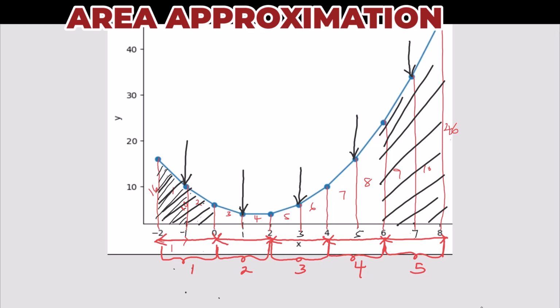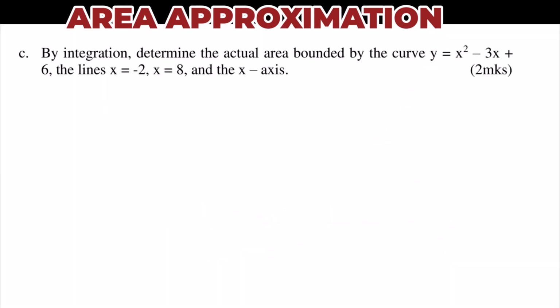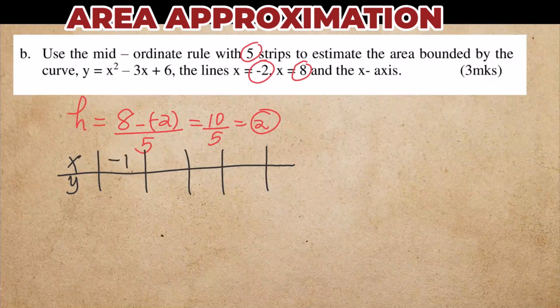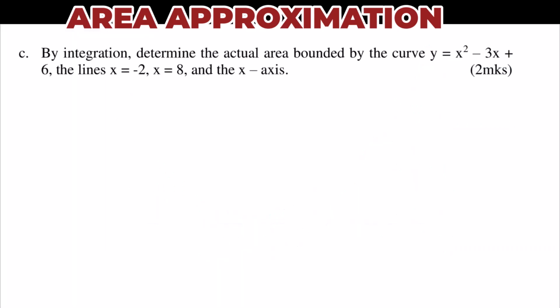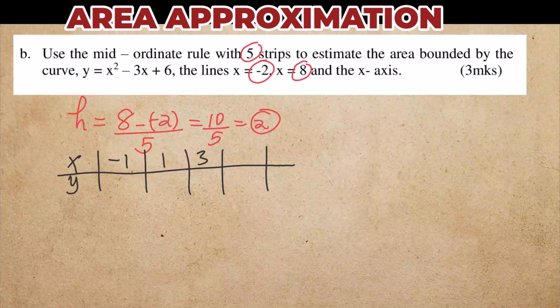So I'm going to use this one, this one, this one, this one, and this one. I'm going to extract the x values. So -1, 1, then 3, 5, and 7.